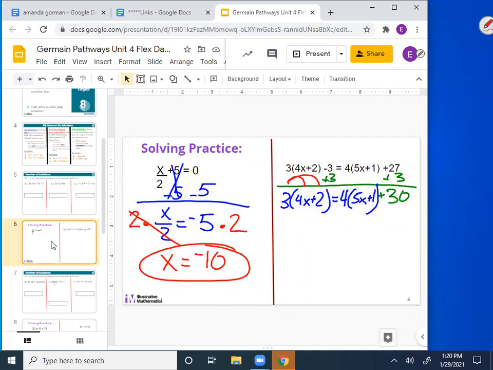3 times 4x is 12x. And then 3 times a positive 2 is 6. A positive 6 is equal to 4 times 5x is 20x. Very good.